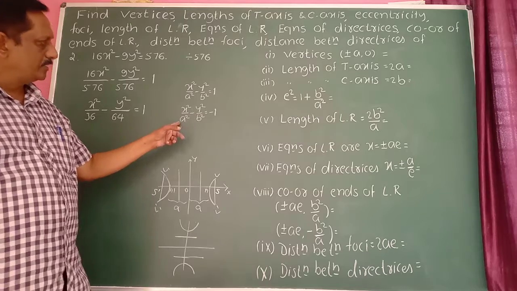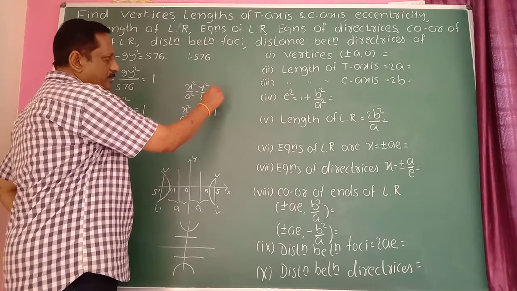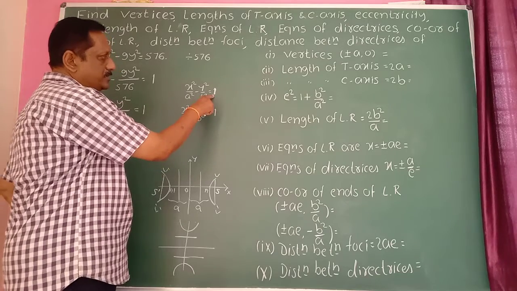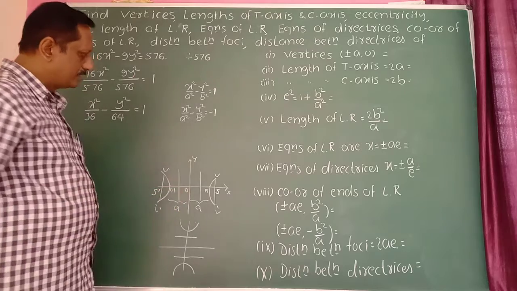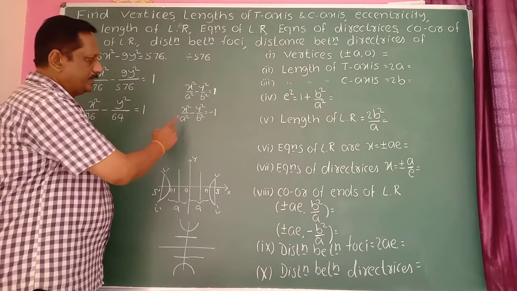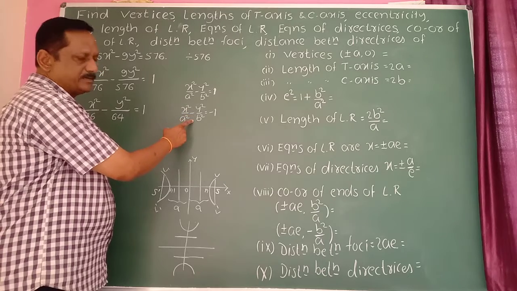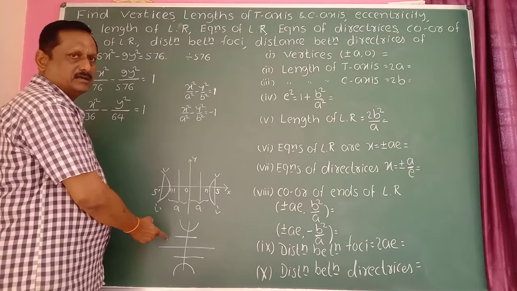We decide using this RHS term. If RHS is plus 1 and the left side is x²/a² − y²/b², then it is the equation of a hyperbola. If the right side is minus 1, then it is a conjugate hyperbola.